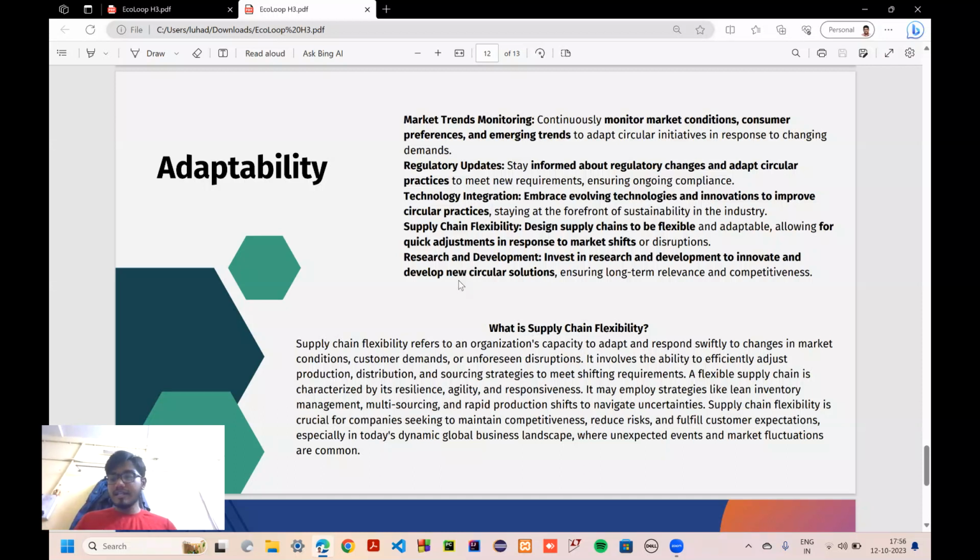They need to continuously develop new things which they can use and which help them to adapt to newer and more environmentally friendly resources. So, investing in research and development to innovate and develop new circular solutions ensures long-term relevance and competitiveness. This research and development is also promoted by the governments, and many times governments give grants to these companies to carry on such research.